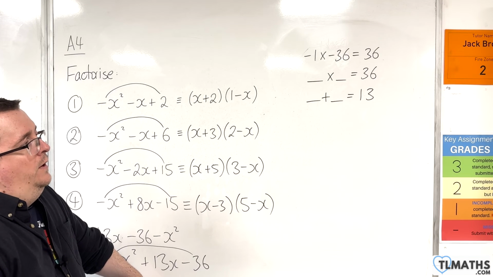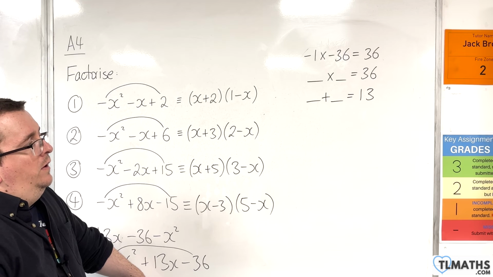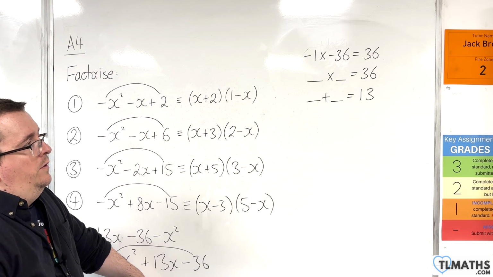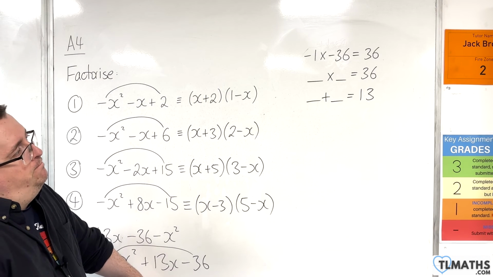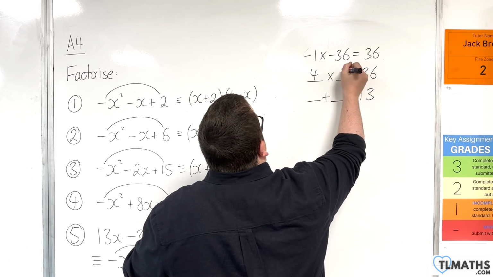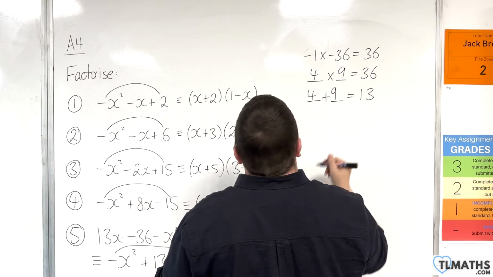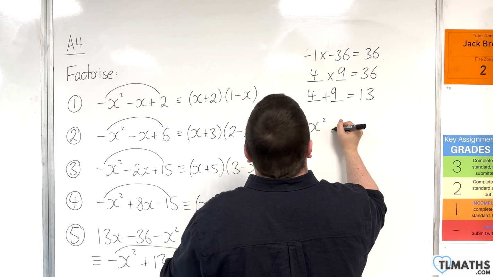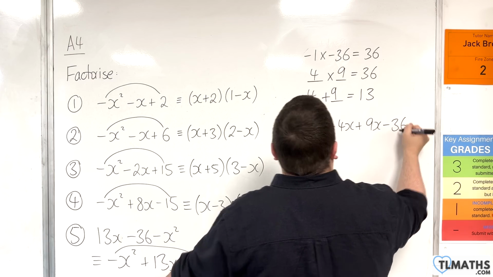So we're looking for two numbers that multiply together to make 36, but add together to make 13. Okay. Well, not 12 and 3. Not 18 and 2. 3 and 12, 4 and 9. So 4 and 9. So minus x squared plus 4x plus 9x take away 36.